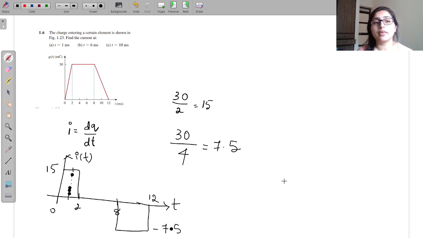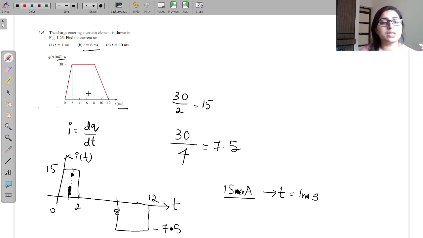So I can write this as 15 milliampere at t is equal to 1 millisecond. Actually it is not milliampere, it is ampere, because here it is given as millicoulomb and here it is milliseconds. So 10 to the power minus 3 and 10 to the power minus 3 get cancelled, so it is 15 amperes.